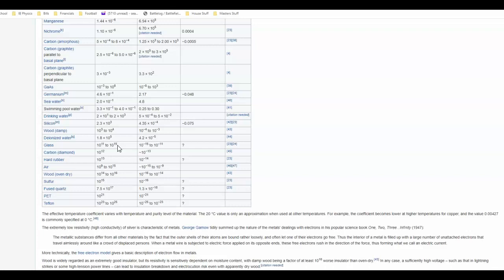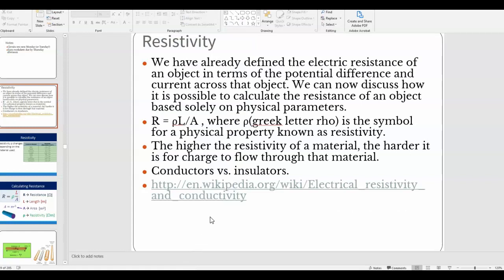But objects like glass or rubber have a very, very high resistivity, which makes sense because they are insulators. They're not conductive. And of course you would expect metals, which are conductors, to have very low resistivity values, and then insulators would have very high resistivity values.